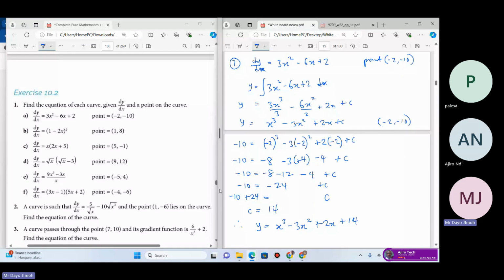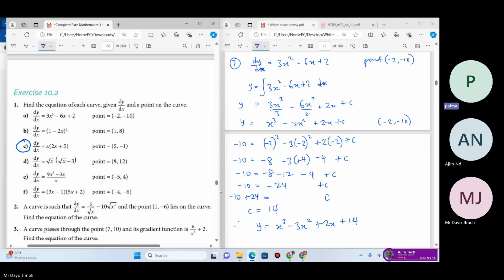1C. Solve 1C. Two x to the power 3 over 3 plus 5x squared over 2.